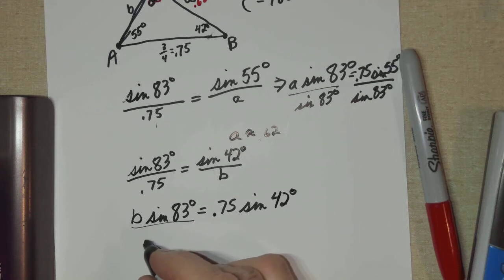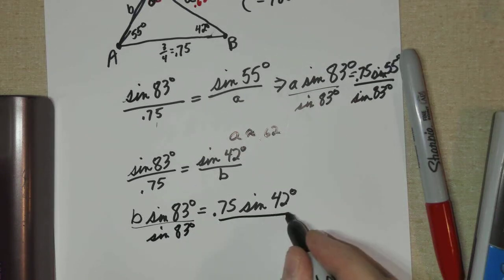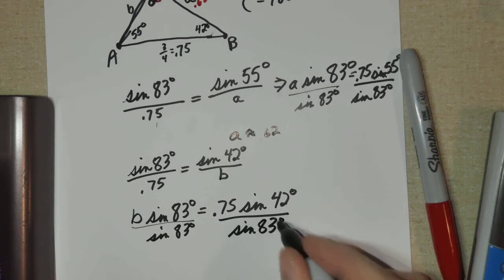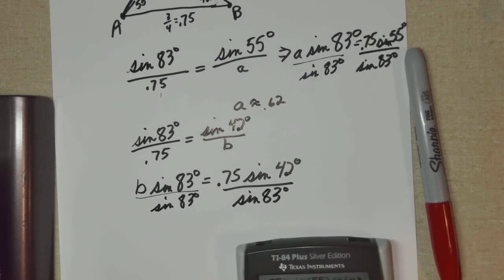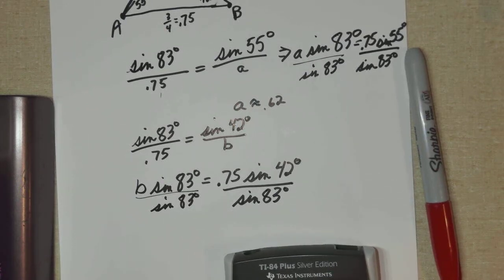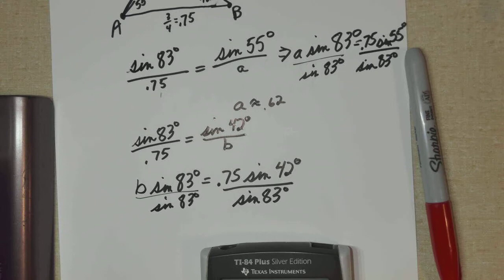And let's divide through by the sine of 83 degrees on both sides. I'm going to change this 55 to a 42.